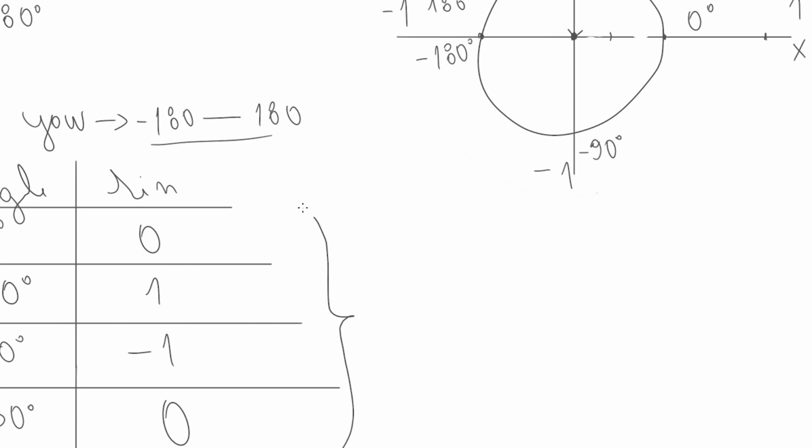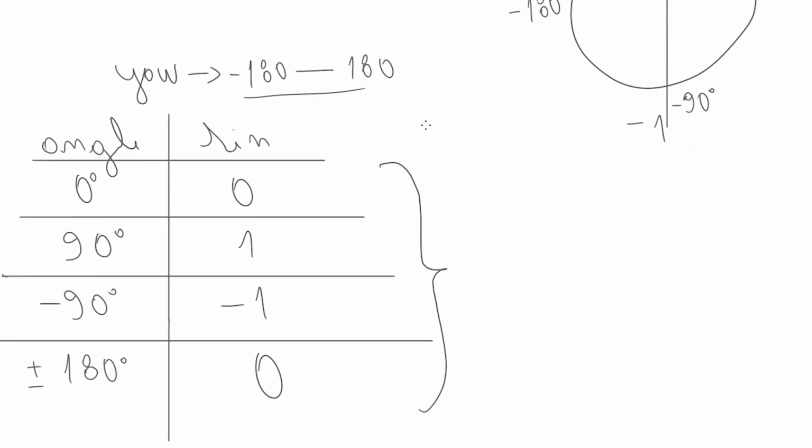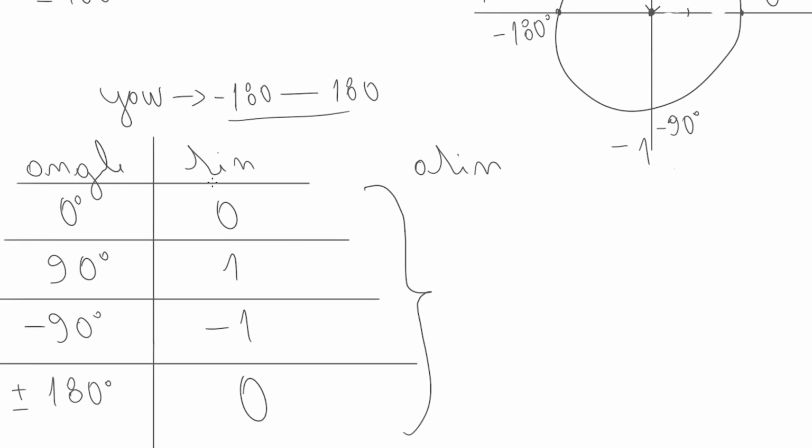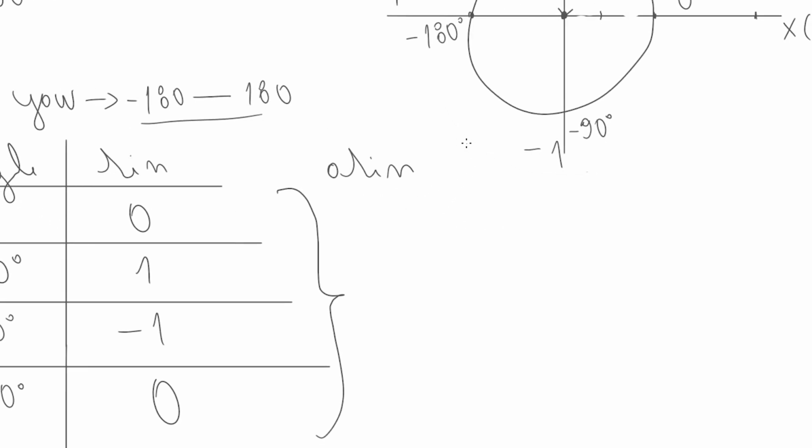Knowing this, we have another function called asin that returns the angle for a value of sin. Like, let me draw another table.